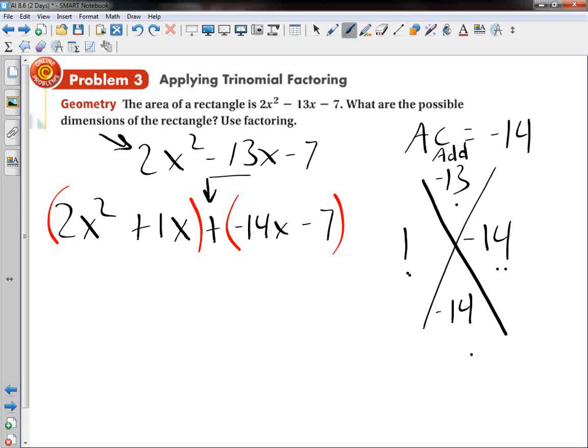And find the GCF. What's the largest common factor between those two? Well, the numbers part is just 1. They both have an x. That is what's in common. On this other side, I have negative 14x and negative 7. But look at those two. I think negative 7 is my largest common factor.